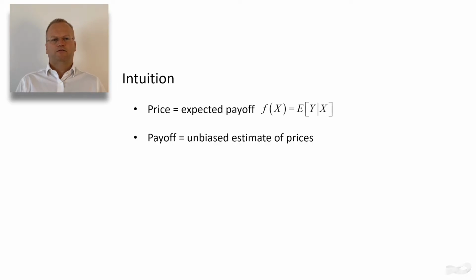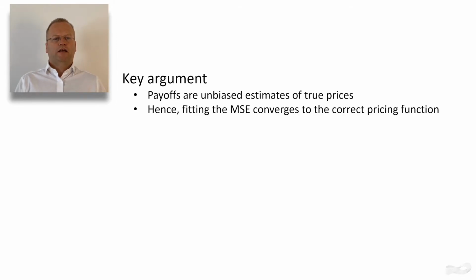Hence, payoffs are unbiased estimates of prices with the addition of independent noise, diversified away in an asymptotically large dataset. The key argument is that the payoff is an unbiased, if noisy, estimate of the true price. This is what authorizes us to train machine learning models on simulated payoffs with guaranteed convergence to the correct pricing function.